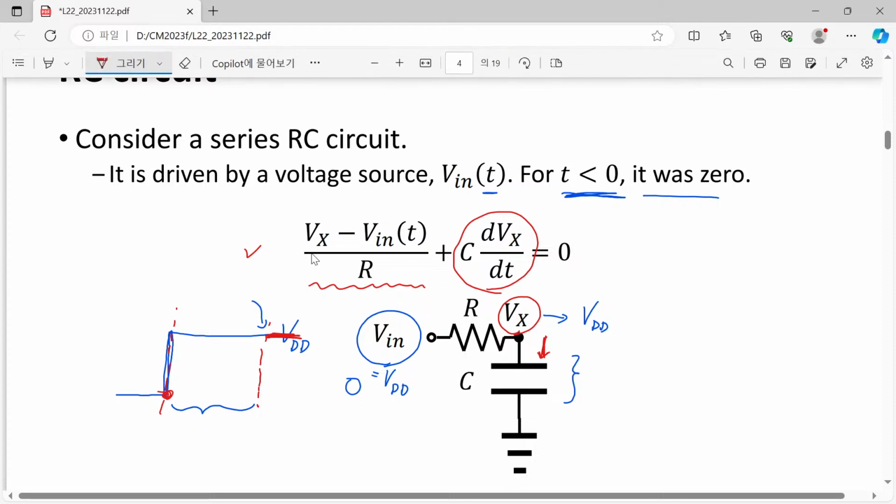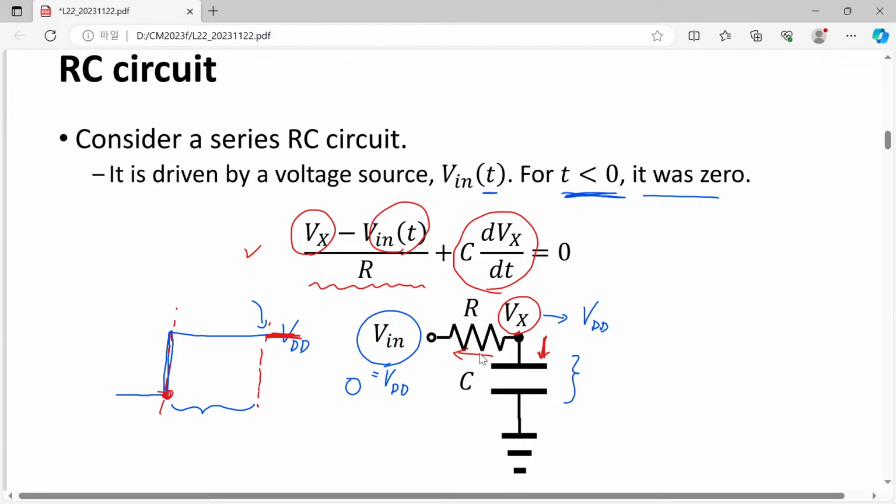Since this is positive and this is negative, its direction is also heading this way. My branch currents are outgoing, escaping from this x node, and the sum of these two outgoing currents should vanish. That is quite easy to understand.